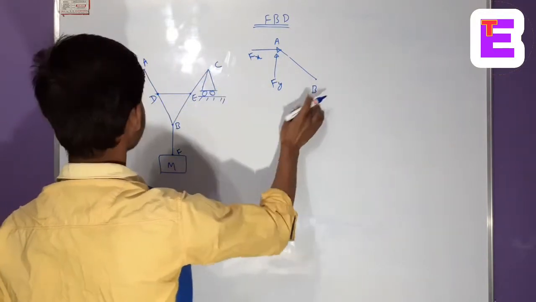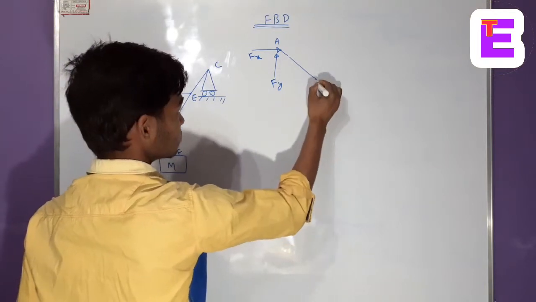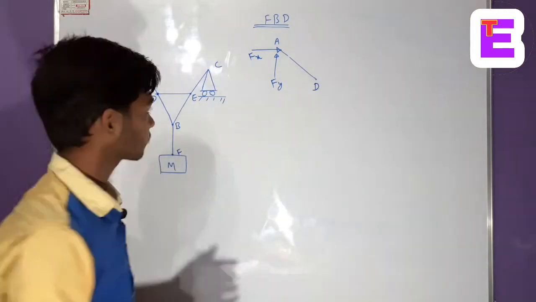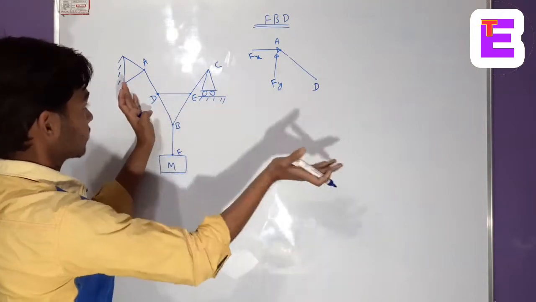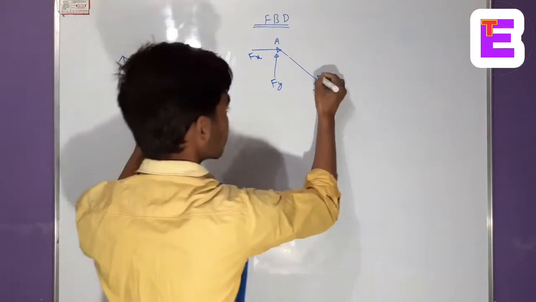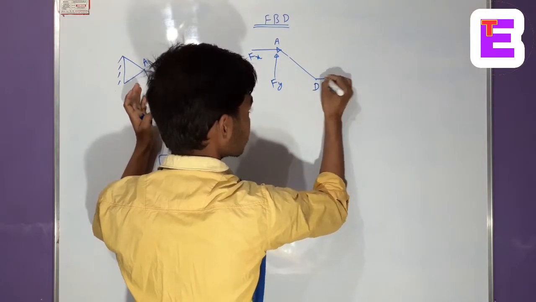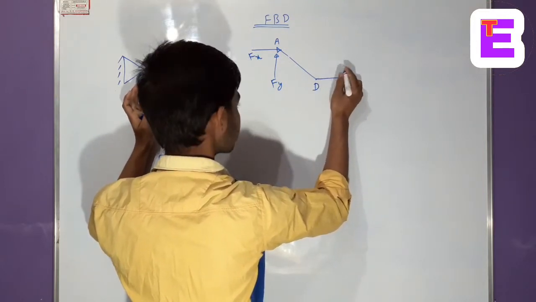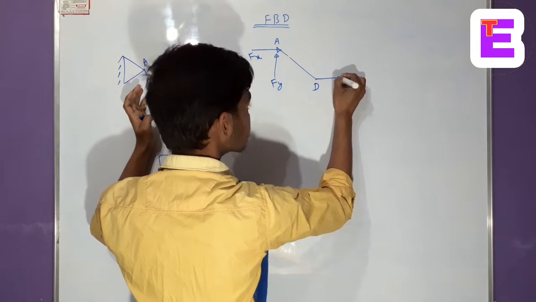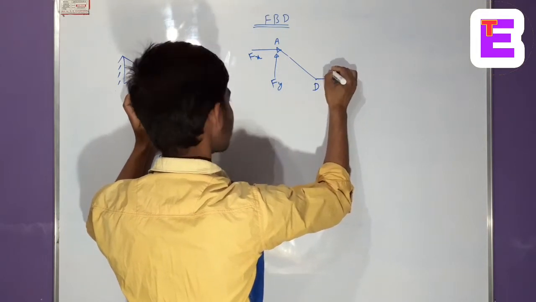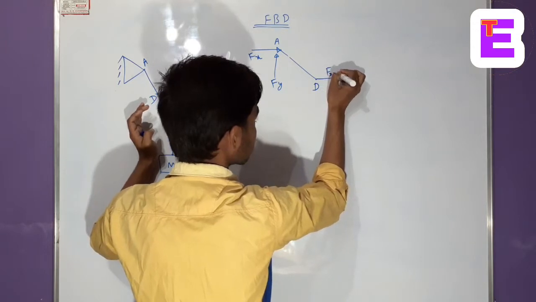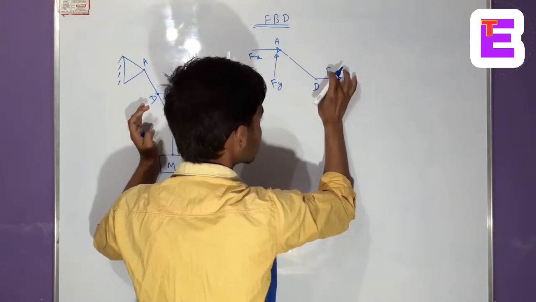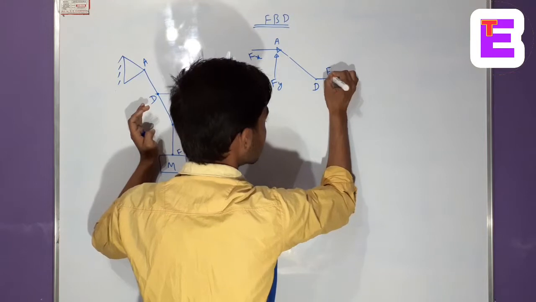This is basically D, no? This is D. So there is a kind of force in the right direction, say Dx, because at point D it is acting, that's why Dx.